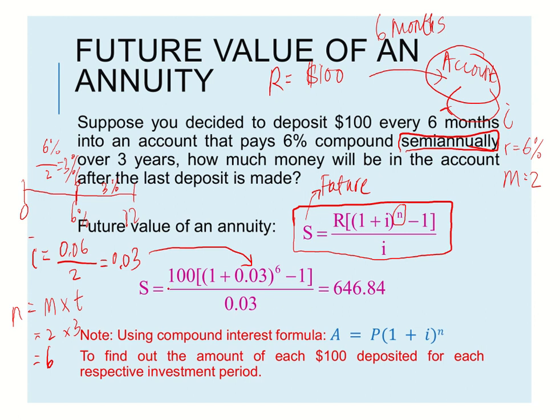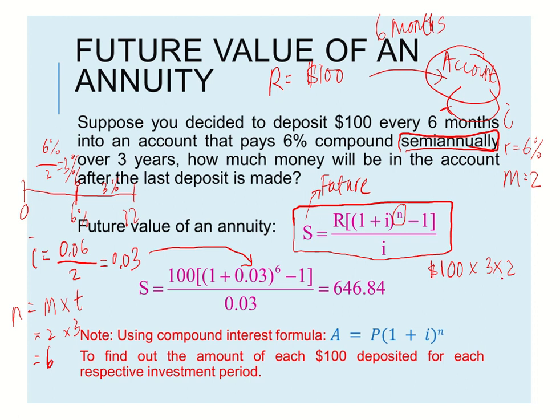And using the calculator, we will get the future value is $646.84. Now what does that mean? It means that every 6 months, every half a year, you pay $100 for 3 years. 3 years, each year 2 times.